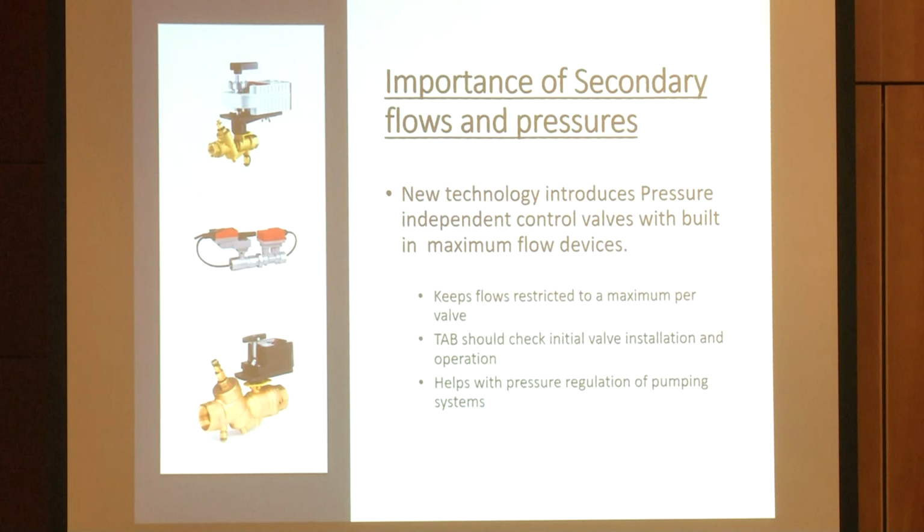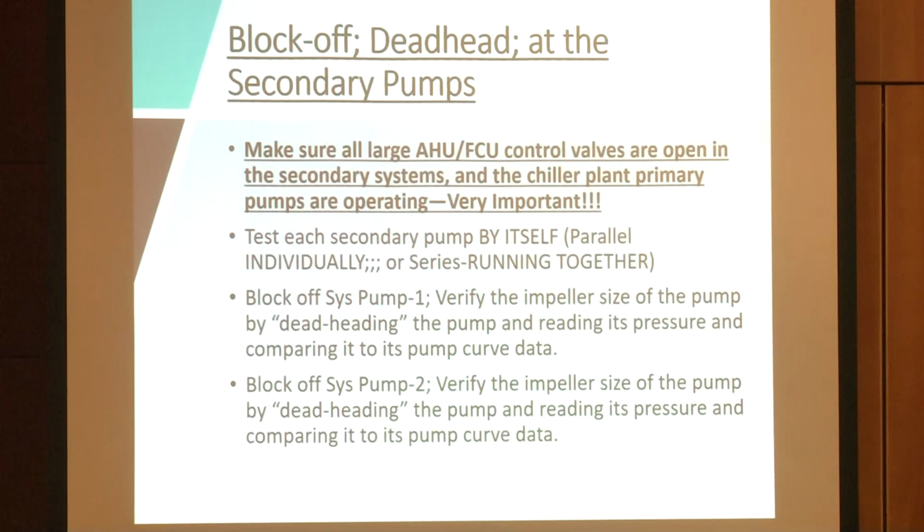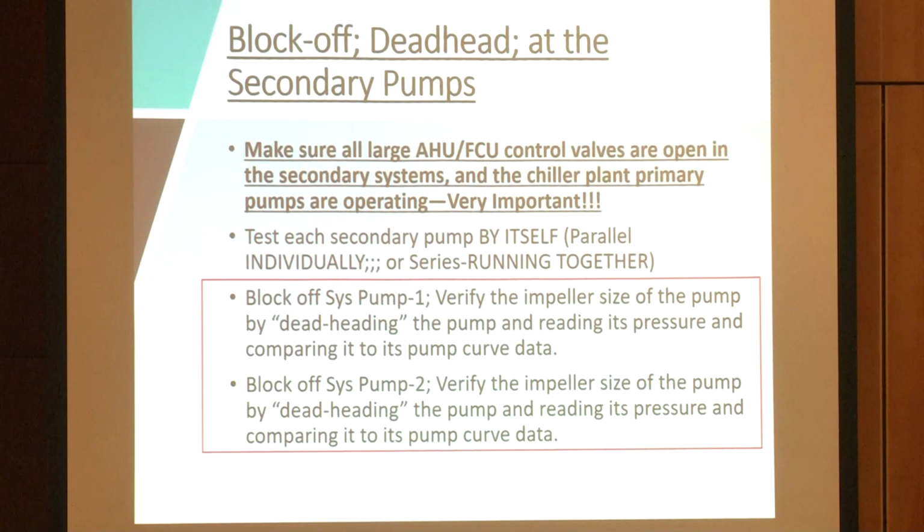They are so improved that many times those secondary pressures are working per the design, and they design that right into the control valve. So a lot of times we don't have to go and check those, but still we make sure that all the strainers are cleaned out and that they are clean, all the valves are wide open, and everything's ready to do that secondary side.